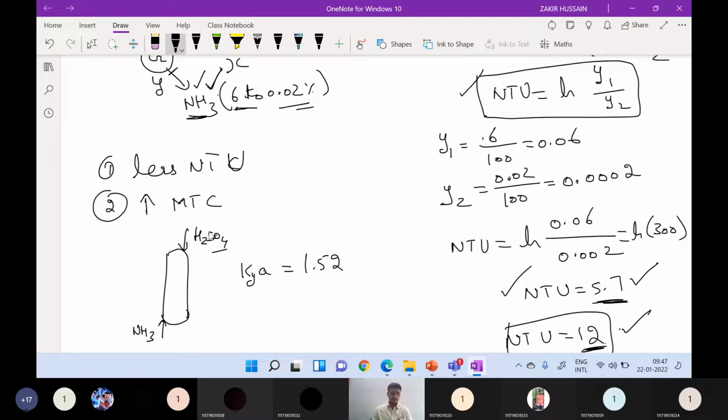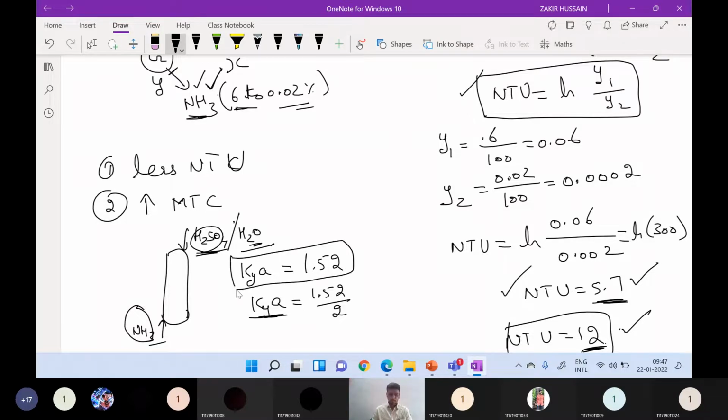Whereas if you use water in place of H2SO4, its KYA, the mass transfer coefficient value, will be 1.52 divided by 2. That means half of the mass transfer coefficient is lost in the case of H2O and NH3. Whereas if you use an acidic liquid to separate the basic gas, its mass transfer coefficient is nearly 2 times higher than the normal physical absorption process.